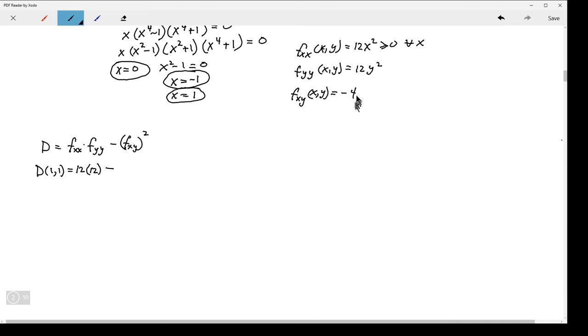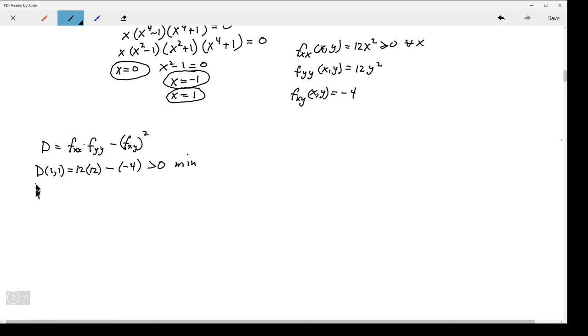Minus fxy is always -4. Now, do I care what this number is? No, I don't. What I care is that it's positive. So my discriminant function is positive. My fxx is positive. That makes this, I'm just going to make a note here, a minimum.